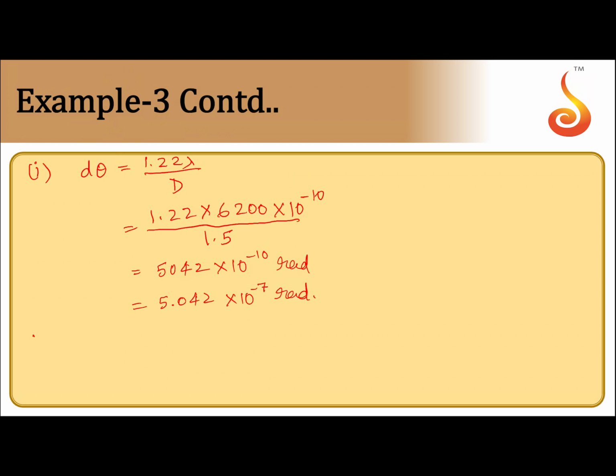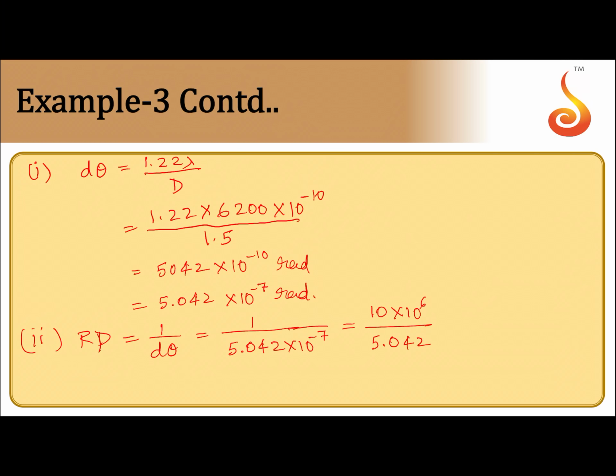So, now you need to find resolving power. Resolving power is equal to reciprocal of limit of resolution. So, that will be equal to 1 divided by 5.042 into 10 power minus 7. Now take this to numerator, you will get 10 power plus 7. I will write it as 10 into 10 power 6 divided by 5.042.